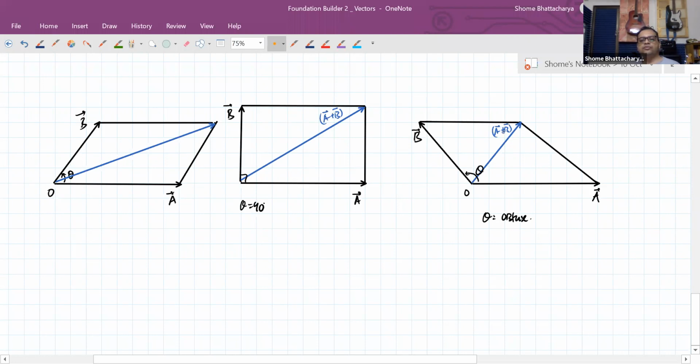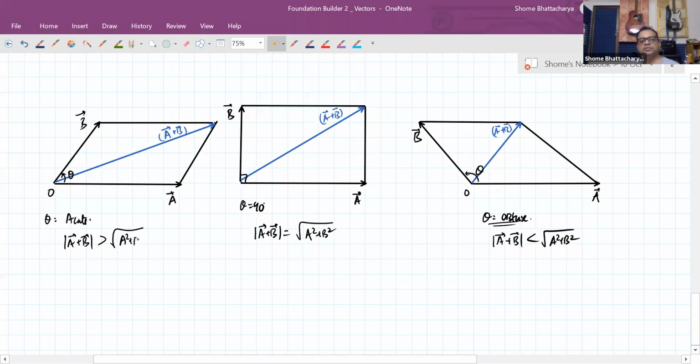So without getting into the formula of sine theta, cos theta and all that, you can see that in the different cases, here the magnitude of a plus b is equal to root of a square plus b square. So the moment you make theta obtuse, what is happening? That diagonal is getting compressed. So that means it's becoming less than root of a square plus b square. And the moment you make it acute, this diagonal is getting lengthened. So that means mod of a plus b is becoming greater than root of a square plus b square.